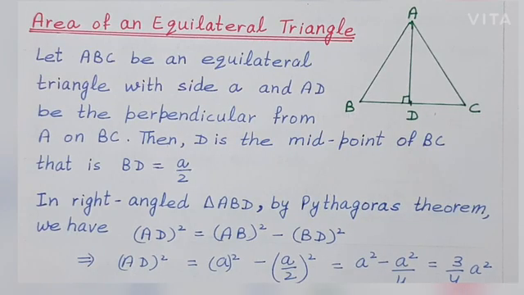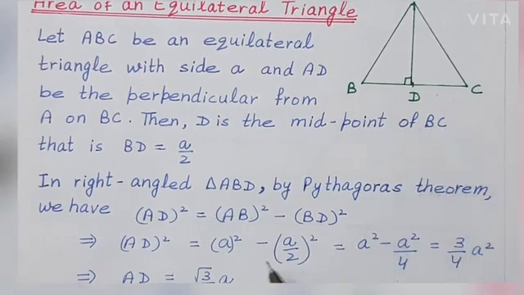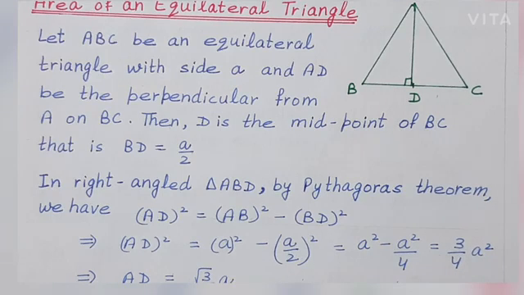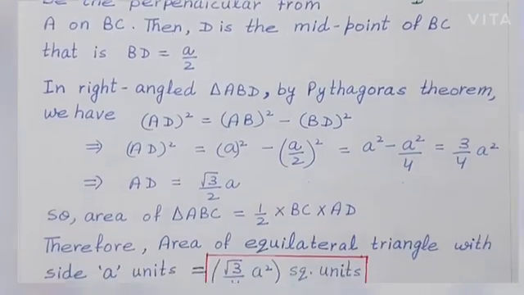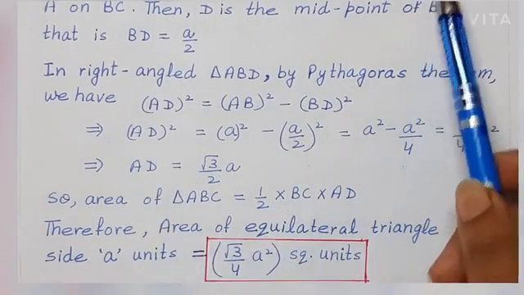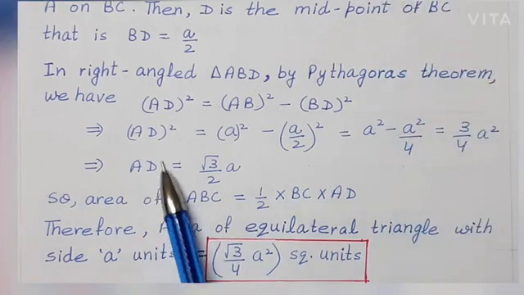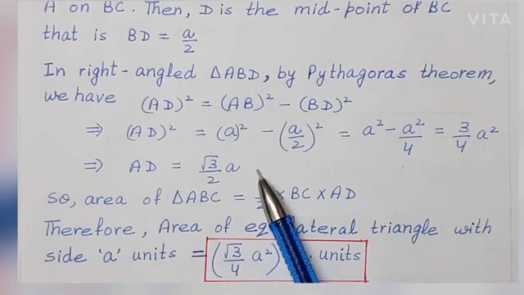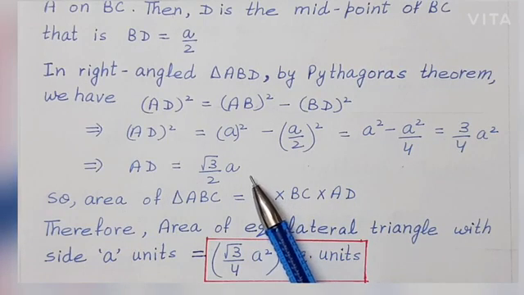AD square will be a square minus a upon 2 whole square, which comes out to be 3 upon 4 a square. So the value of AD is root 3 upon 2 a. This is basically the height of an equilateral triangle.